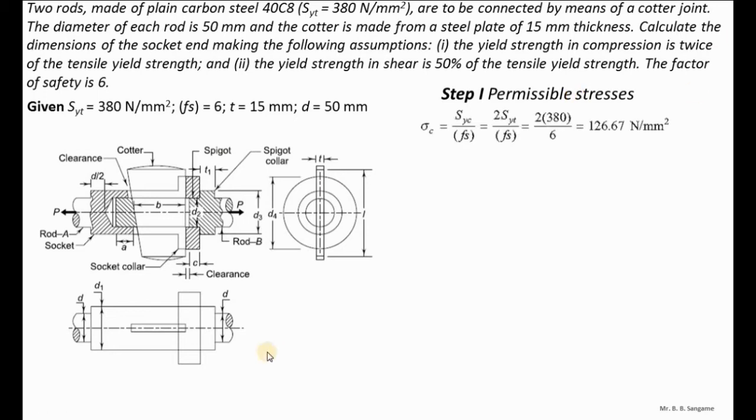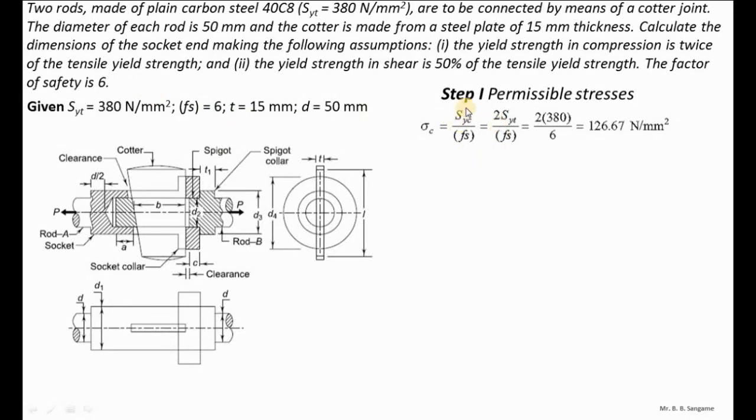First, in the problem it is mentioned that the yield strength in compression is twice the yield strength. Here the yield strength is 380 Newton per mm square, and SYC, that is the yield strength in compression, is twice the yield strength in tension. So sigma c is equal to SYC divided by the factor of safety, which is 6.